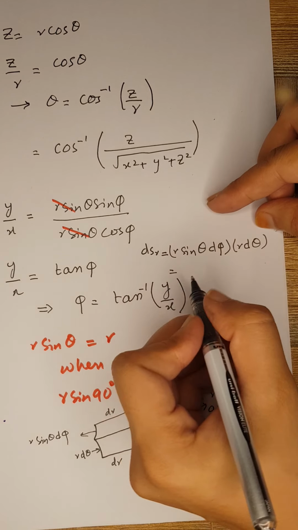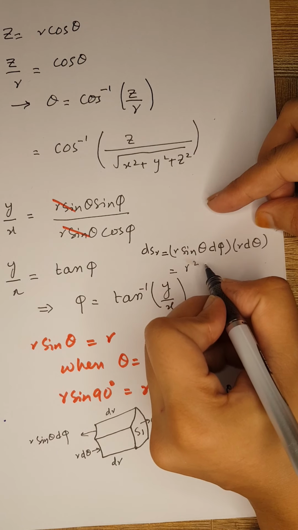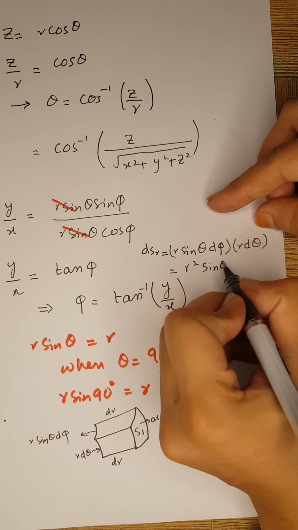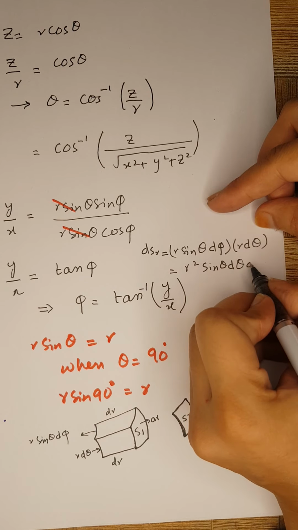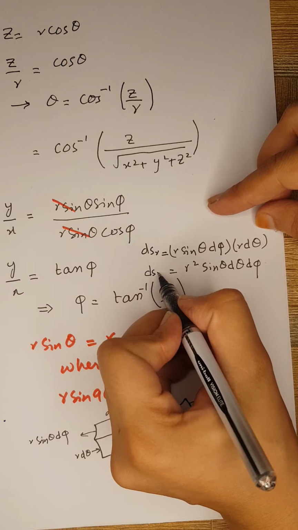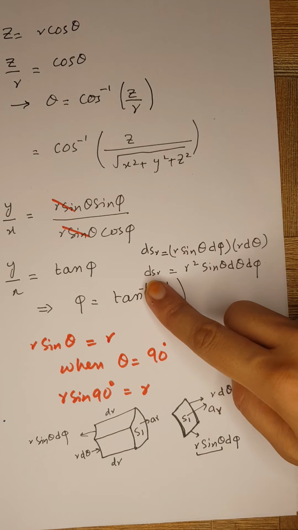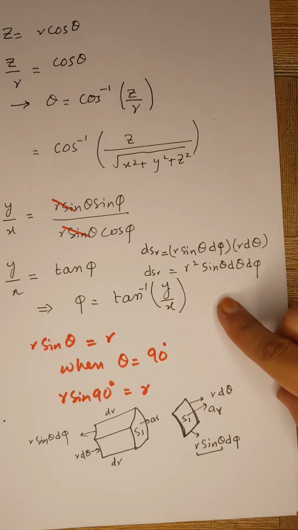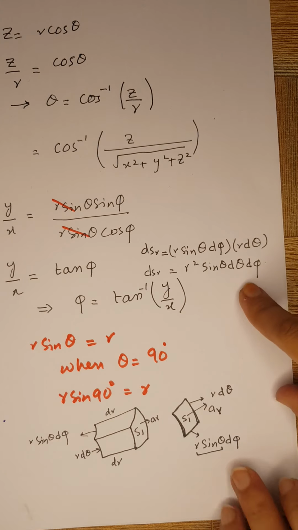When you simplify it, you get r square sine theta d theta d phi, and this points in the direction of the radius.